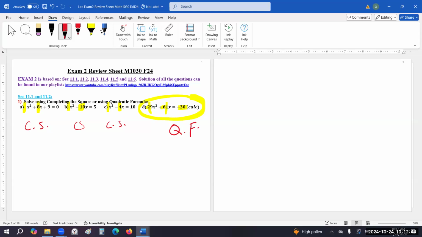Quadratic formula, complete the square, but I'm going to show you one with complete the square because it'll be helpful. Let me pick C. C says we have x squared minus 4x equals 10.